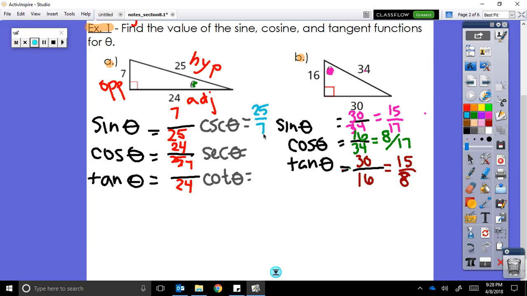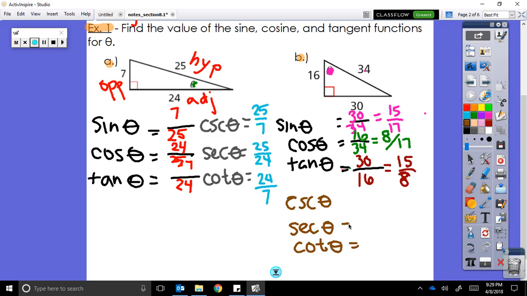Instead of being 24 over 25, it's now 25 over 24. And instead of being 7 over 24, it's now 24 over 7. All these do is flip that fraction over. It's the reciprocal. I'm going to go ahead and write cosecant theta, secant theta, and cotangent theta.